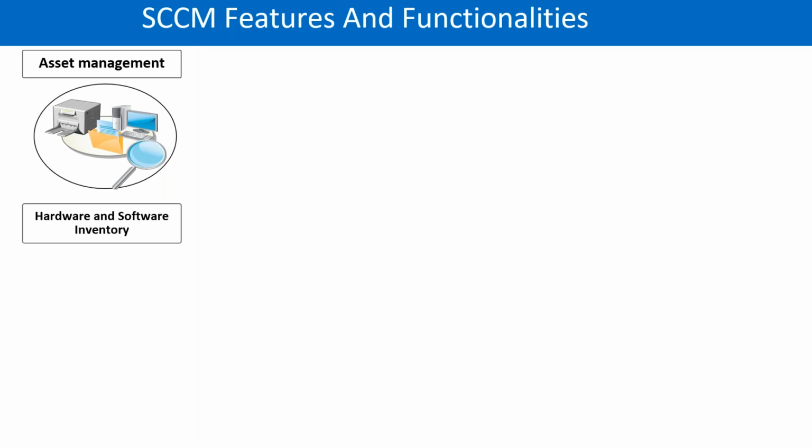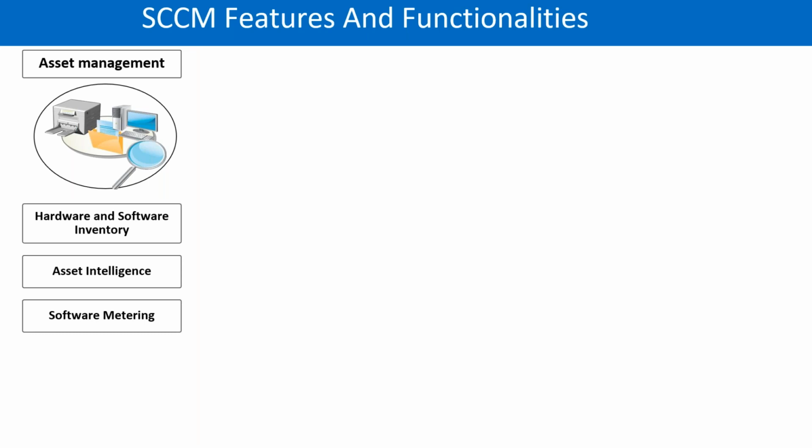Suppose you have 10,000 devices, you can scan all of those computers through SCCM clients and get the information of all hardware and software present on them. So for inventory, we can use SCCM. Asset intelligence is for categorization and license management. Software metering is for software utilization calculation. Asset management is one of the key functionalities of SCCM.